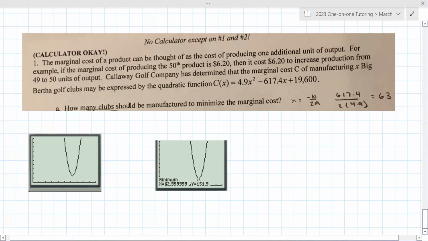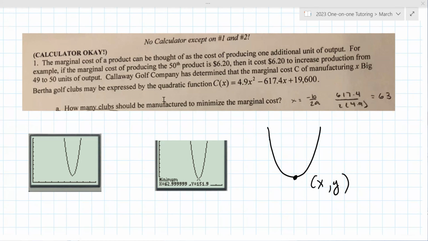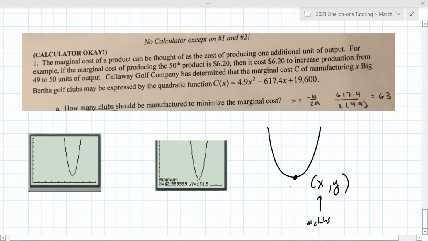So when it says how many clubs should be manufactured to minimize the marginal cost, they're either asking for the X or the Y value of the vertex. And that's where you have to look in context. In this case, X is the number of clubs. So part A is 63.